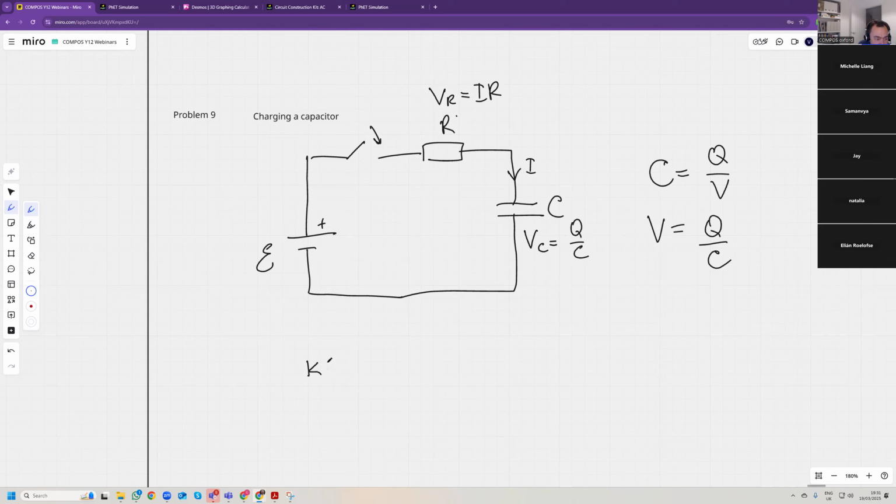So I write Kirchhoff's second law. The EMF of the battery is the voltage on the resistor plus the voltage on the capacitor.